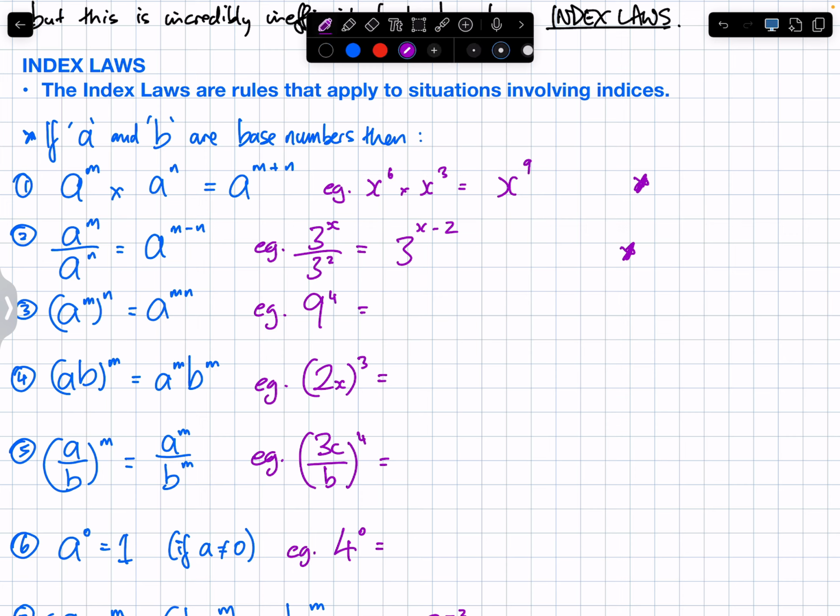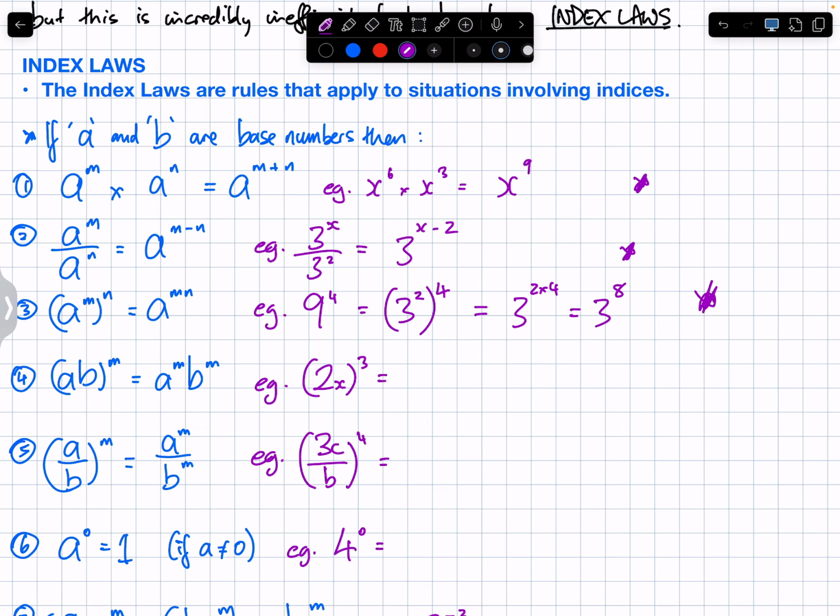So if I replace 9 with 3 squared, and then I put it in brackets because I've replaced the 9 with 3 squared, and it's raised to the power of 4, what does that rule tell me to do with the 2 and the 4? Multiply them together. Because in algebra, we don't write the times symbol. So if you have 2 letters next to each other, you just assume it's multiply. So it's 3 to the 2 times 4, which is 3 to the 8. Can you get that example down, please?